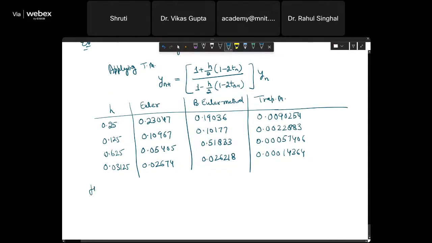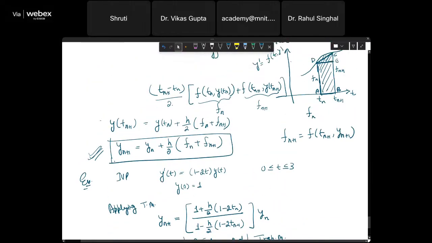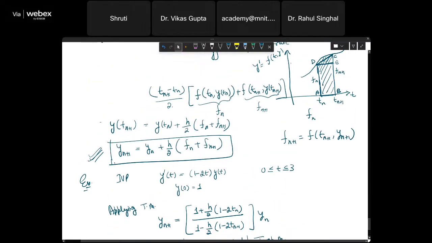Okay, so with this now I move to the next method, which is Heun's method. So here the idea is as follows. In the trapezoidal method, what we observe is that y_{n+1} is appearing implicitly in this method, right?